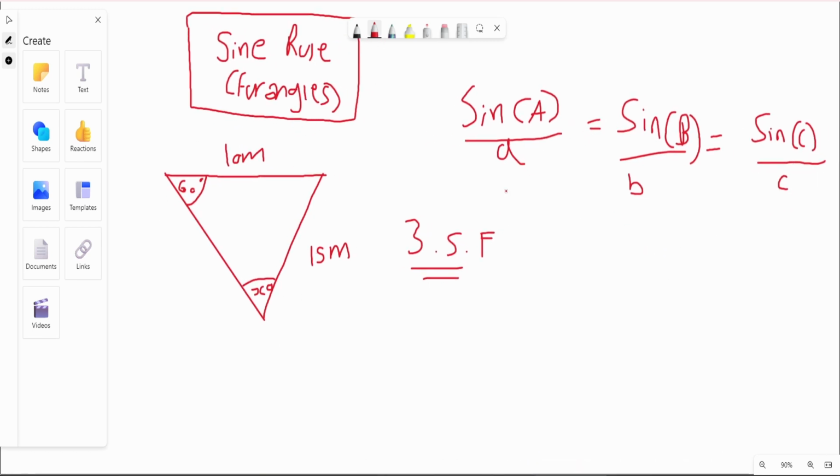Now let's use this sine rule to work out the unknown angle in this question.